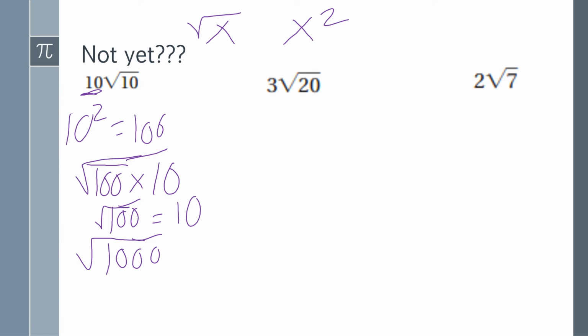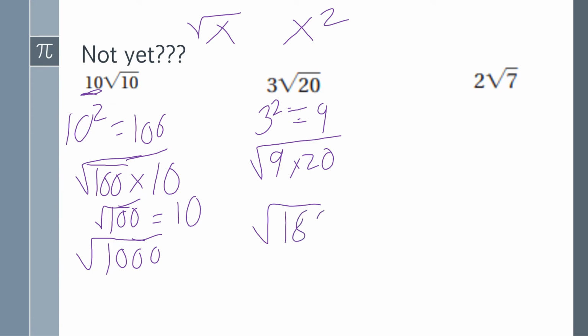All right. To do 3 times the square root of 20, we know that 3 squared is 9, right? So 9 times 20 is the square root of 180.